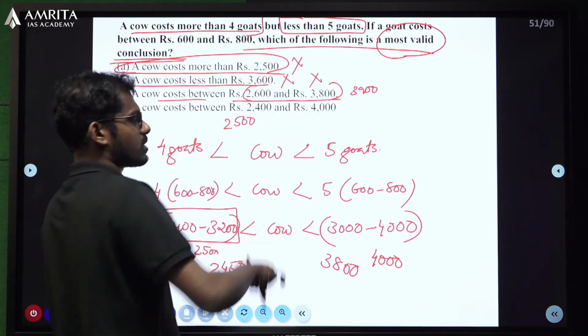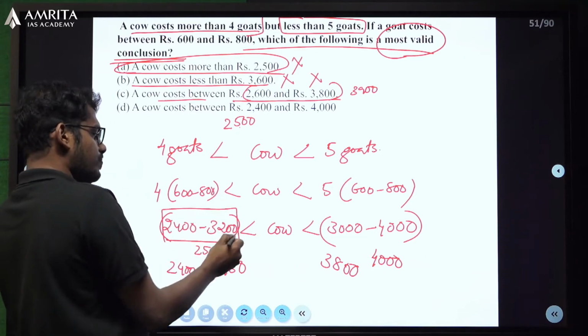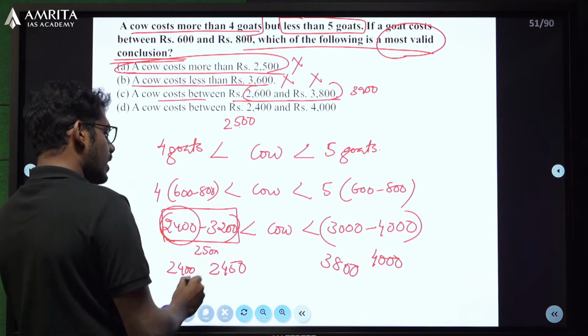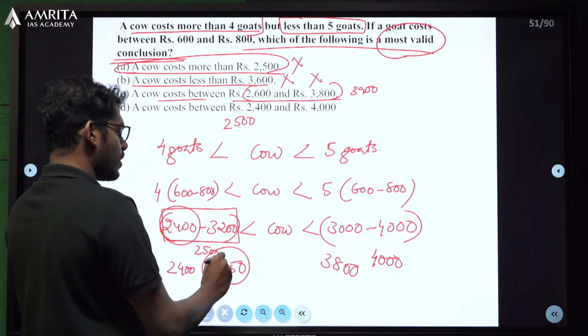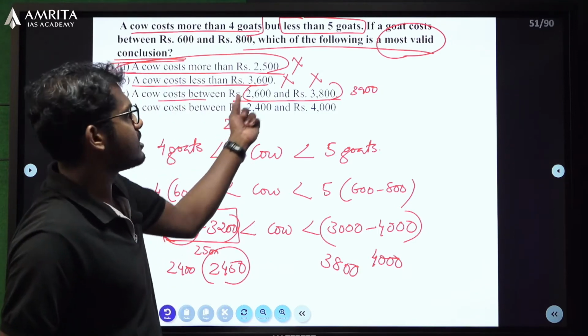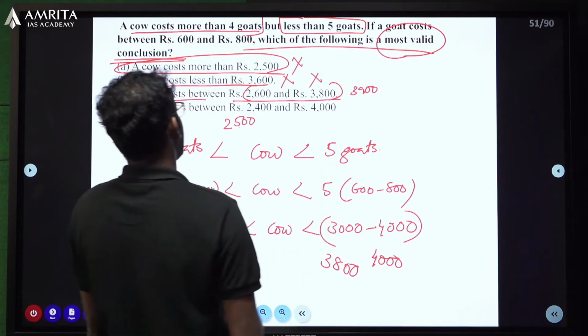So it is also not correct because it can be 2500, because if the cost of 4 goats is 2400 and if the cost of a cow is 2450, yes, it is possible. But they say that it ranges between 2600 and 3800 and it is also false.